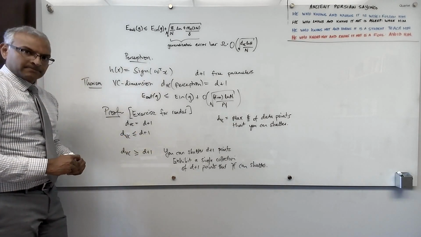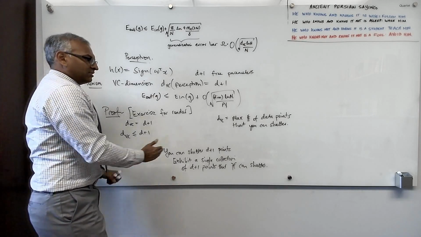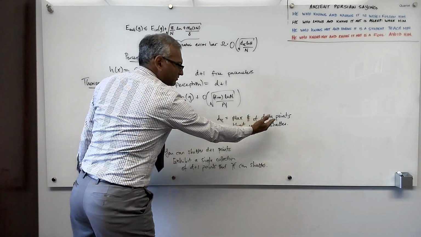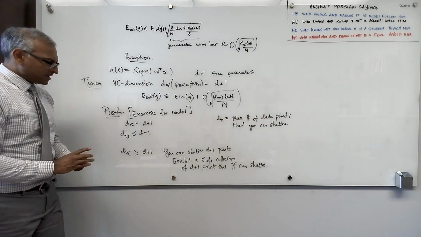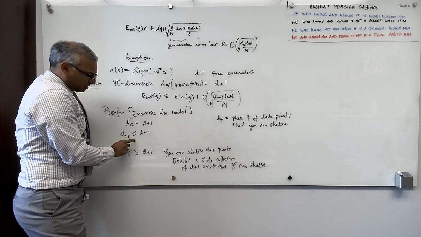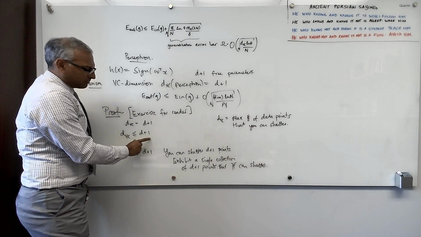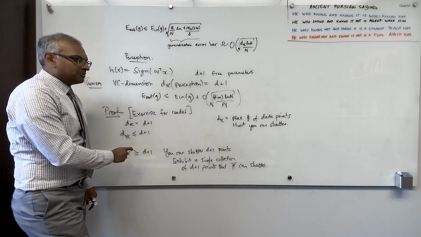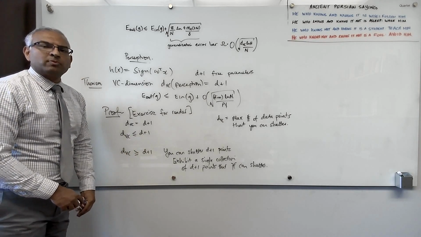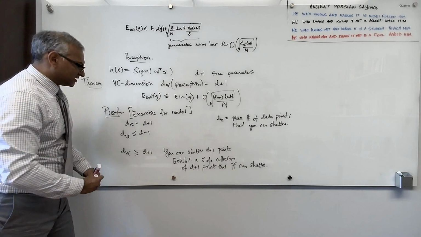Well, here, remember, the DVC is the maximum number of data points that you can shatter. So, we're claiming that the maximum number of data points that you can shatter is at most d plus 1. Well, what does that say about d plus 2 points? It says that d plus 2 points cannot be shattered no matter how you arrange them.